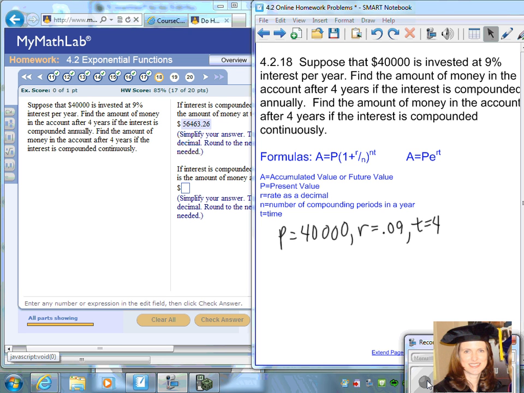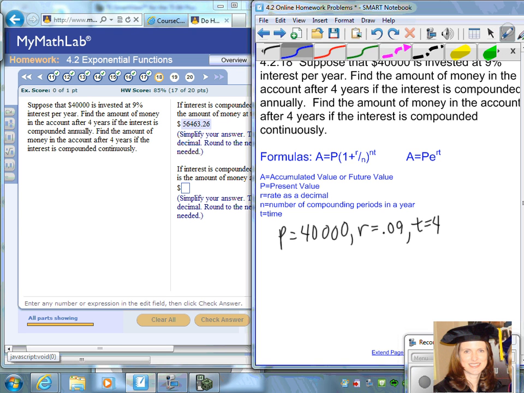Okay, for the second part, we're asked to find the amount of money in the account after 4 years if the interest is compounded continuously. Now, if the rates are the same, it's really better to have continuous compounding for your interest if you're earning interest on your money.